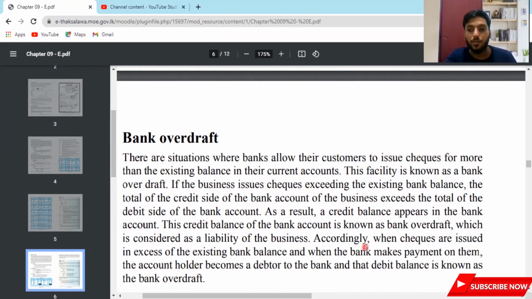Then it says that accordingly, when checks are issued in excess of the existing bank balance, and when the bank makes payment on them, the account holder becomes a debtor to the bank, and that debit balance is known as the bank overdraft.